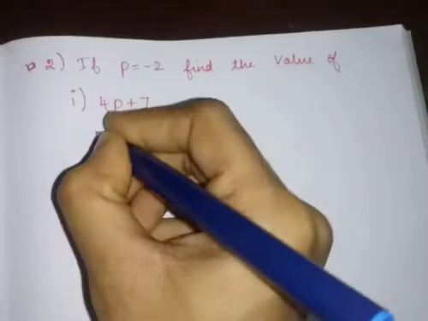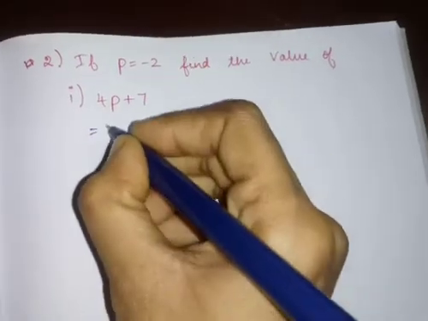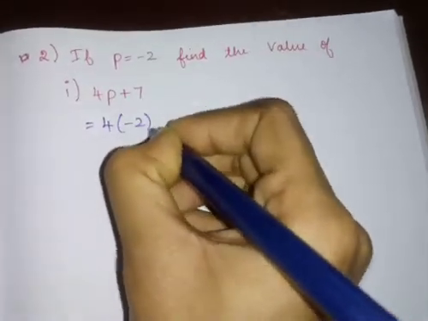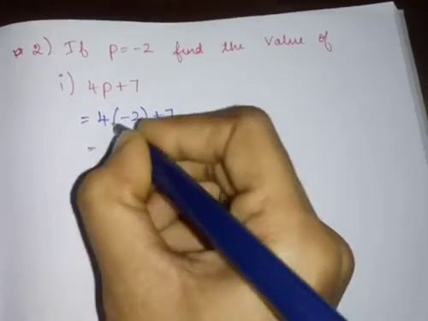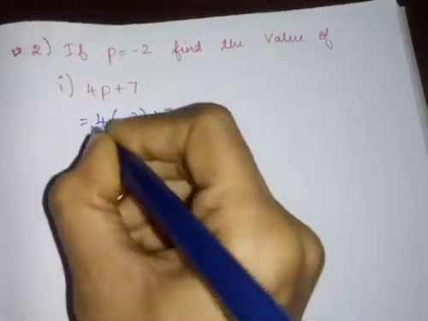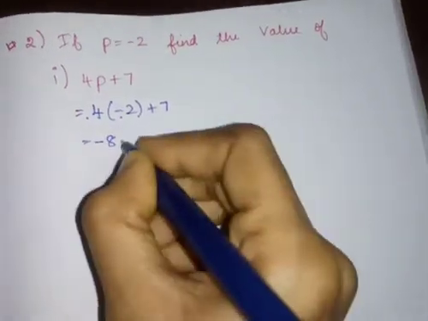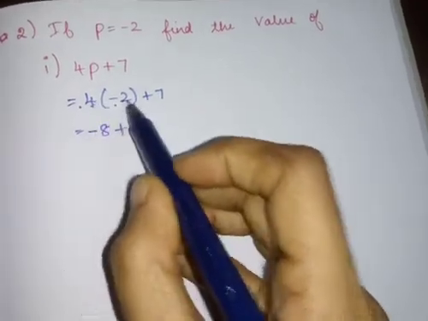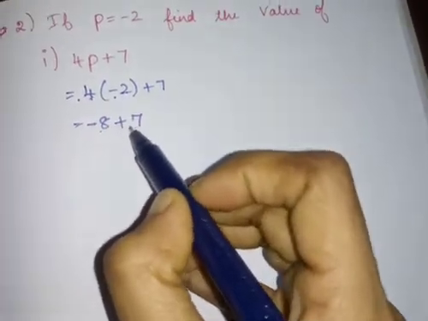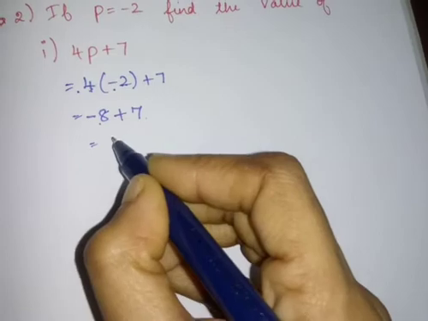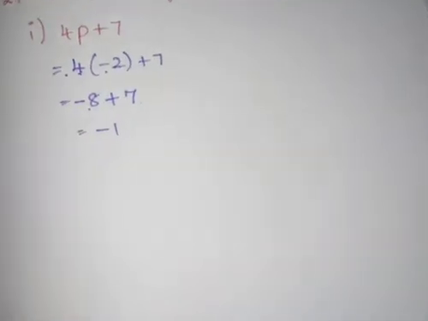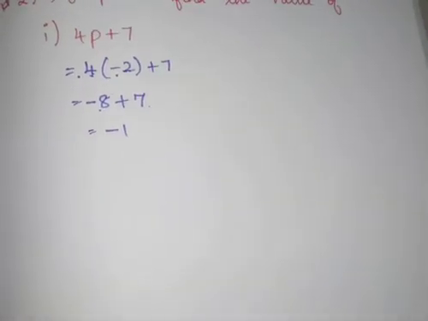So 4 into minus 2 plus 7. 4 2s are 8, plus into minus is minus 8, plus 7. Minus 8 plus 7 is minus 1.